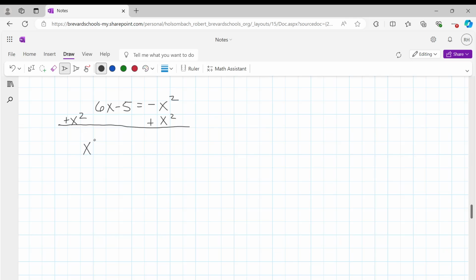And we get x squared plus 6x minus 5 equals 0. Our a is equal to 1, our b is equal to 6, and our c is equal to negative 5.